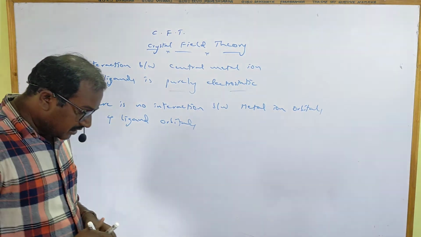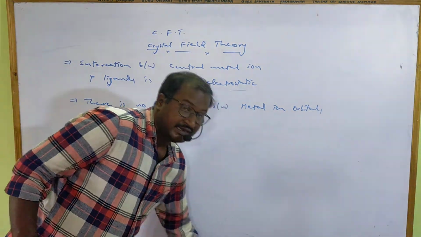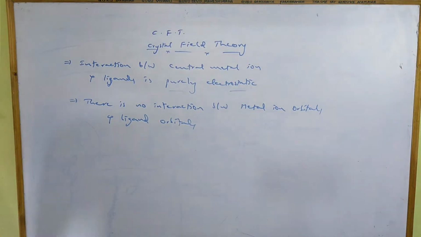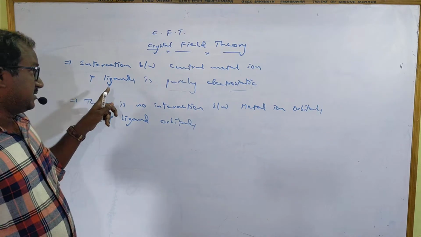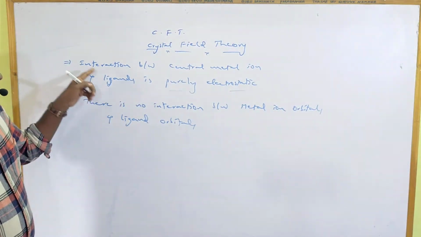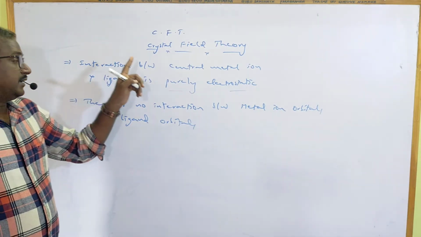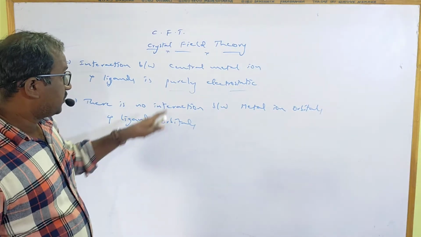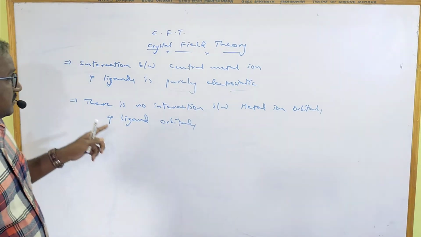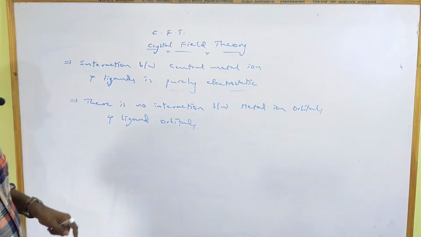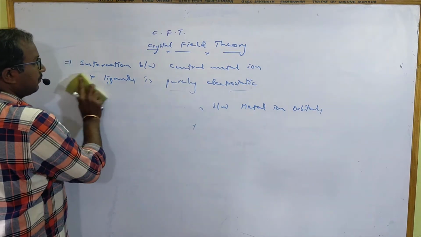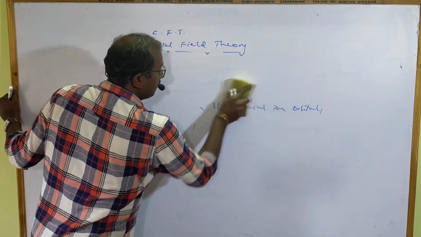So these are the two main introductory points you should know to understand crystal field theory. The first concept is that the interaction between the central metal and ligand is purely electrostatic. And the second is that there is no interaction between metal orbitals and ligand orbitals. I have not yet entered into the theory itself. So let's go to the postulates.